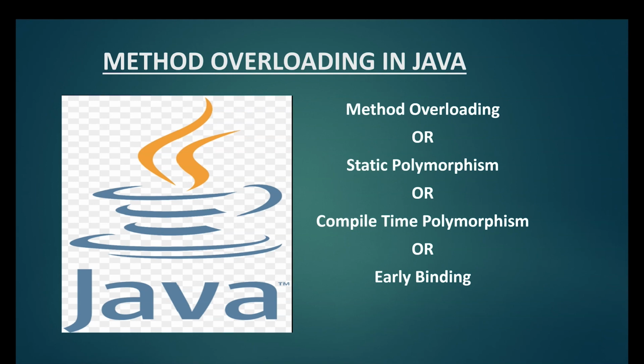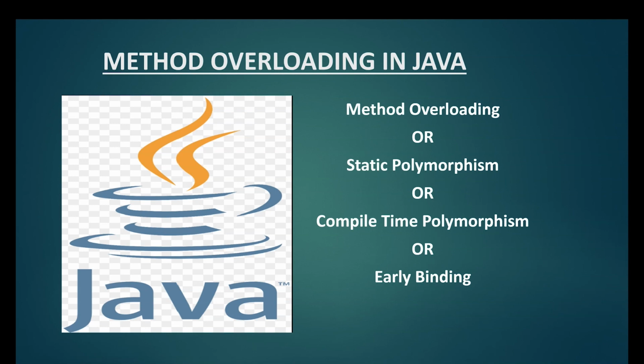Now you may have a confusion: if the method names are the same, how will Java know, how will the JVM know which method you are calling? In the previous statement, I said same method name but different method parameters. So the JVM identifies the method based on the parameters that you provide while calling the method.